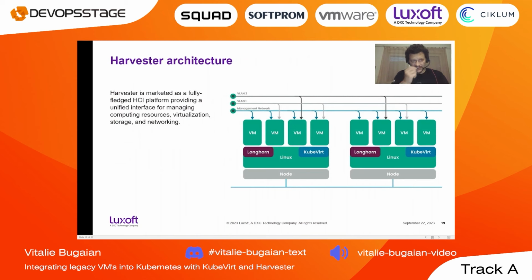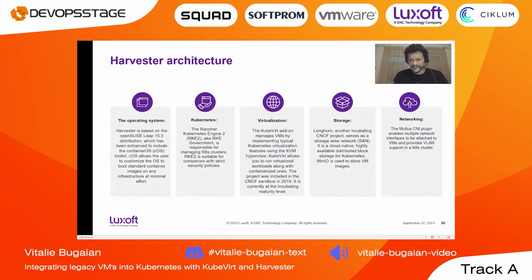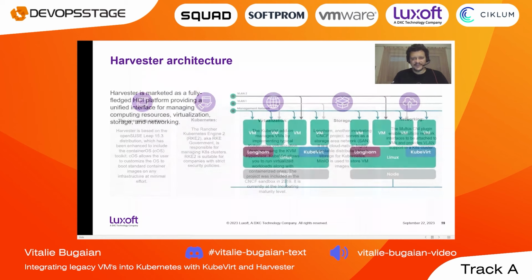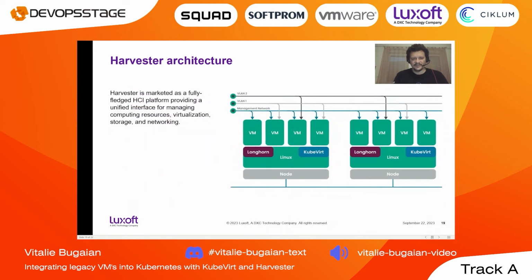Another tool that Harvester uses is Multus. It's the Multus CNI plugin, which enables multiple network interfaces to be attached to VMs and provides VLANs. It also helps you provide a DHCP server, so all these VMs get their IPs, and you can have some VMs in VLAN 1 and 2 and so on.